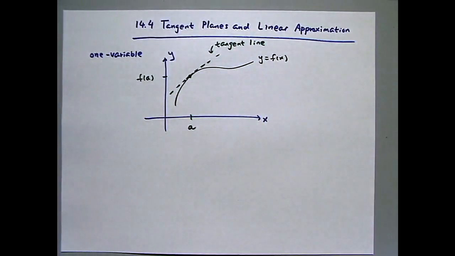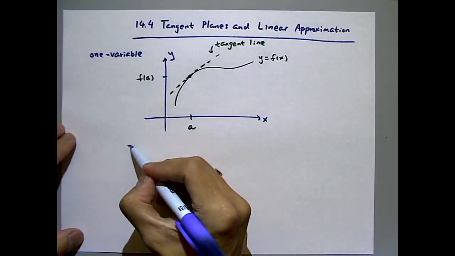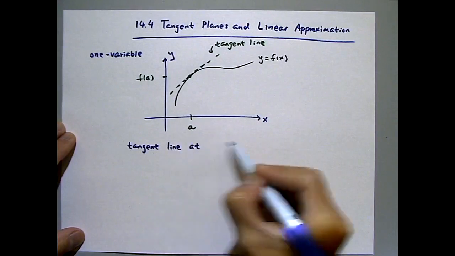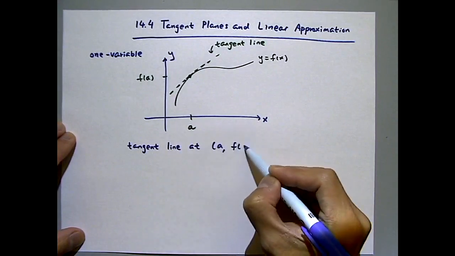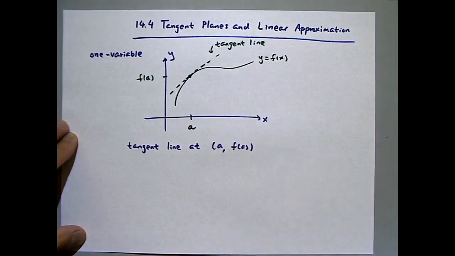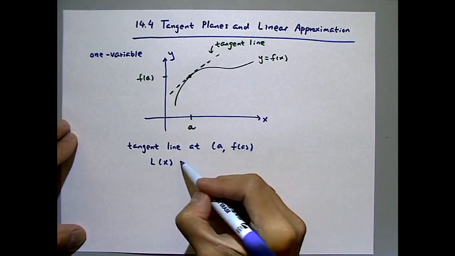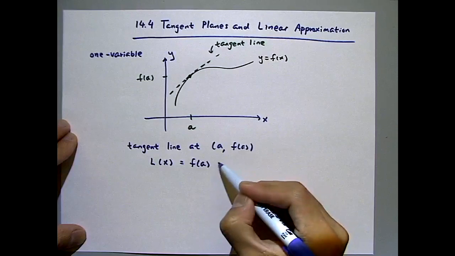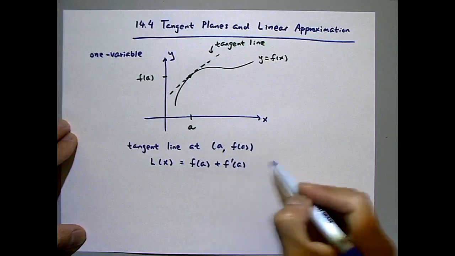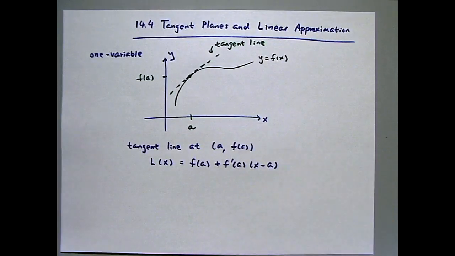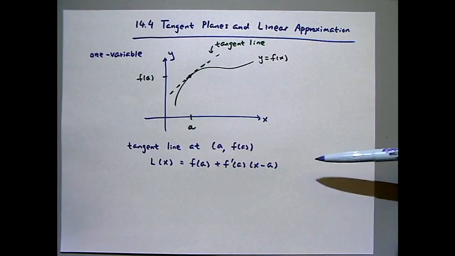And we also know how to find the equation of a line. Tangent line at a comma f of a. We'll call this tangent line equation L, capital L, function of x. So there's just the equation of a line in the point-slope form. y minus a point is equal to slope times x minus some number. So that's your tangent line equation.